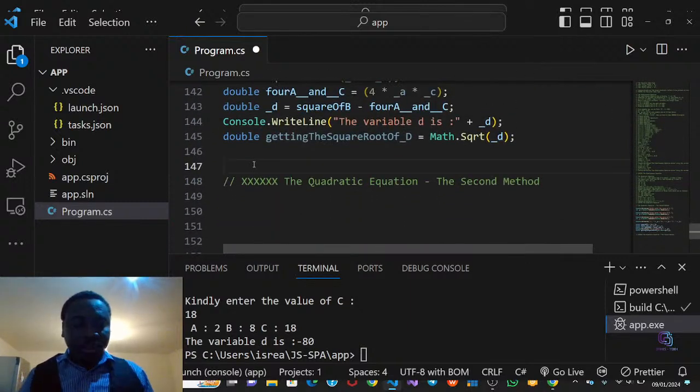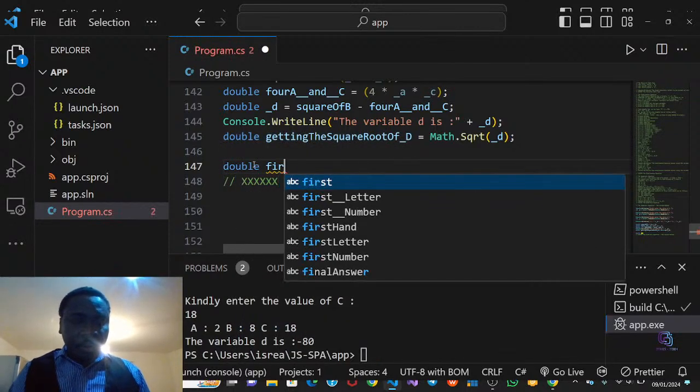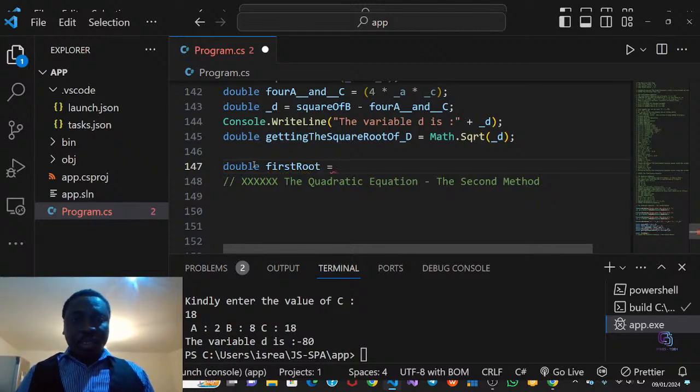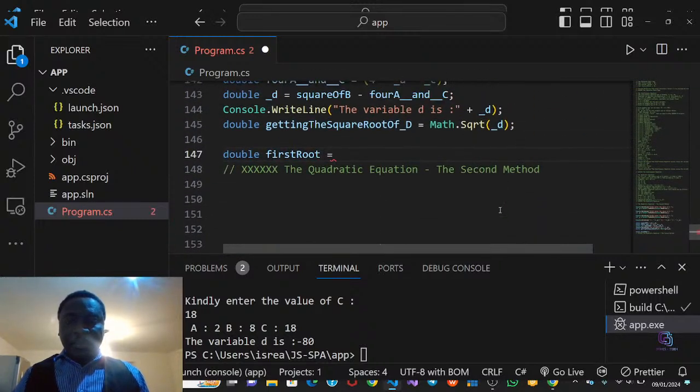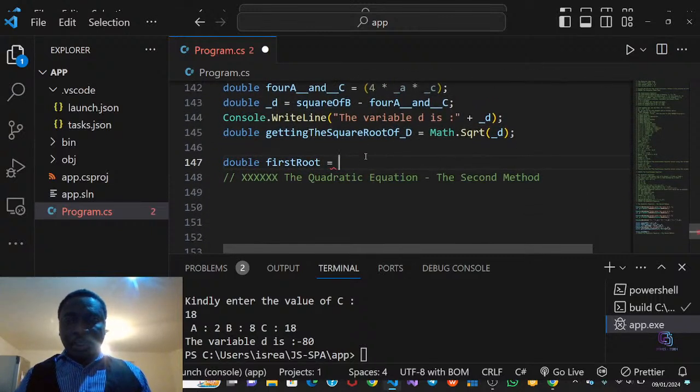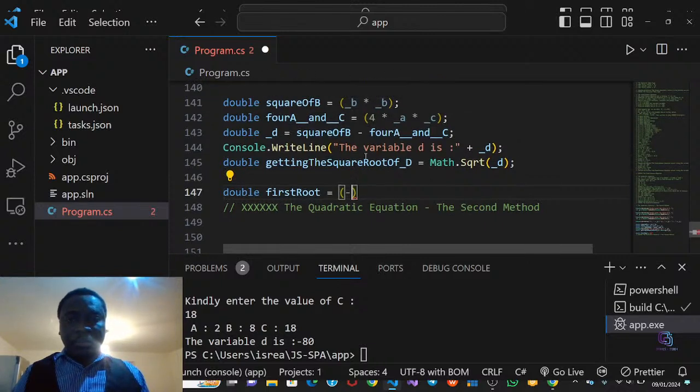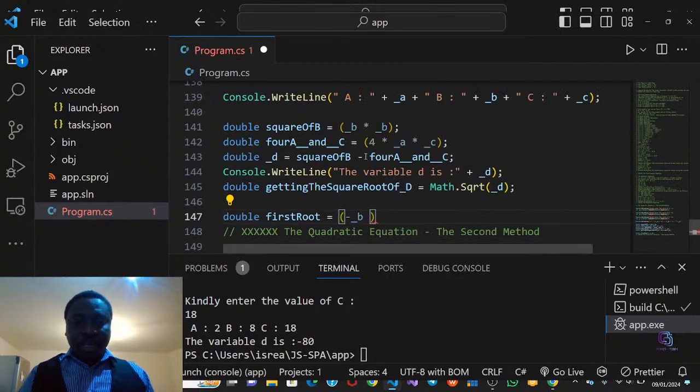I want to solve the first part. So the first root we're taking into consideration is going to be minus b plus the square root of d.